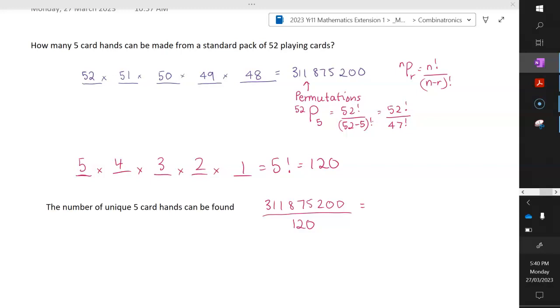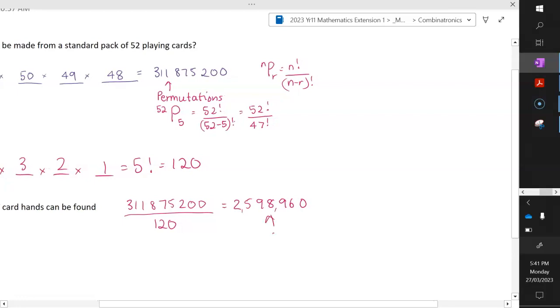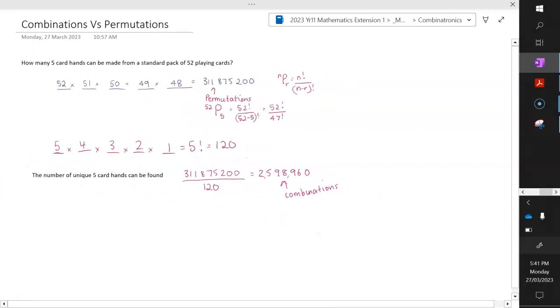I'm going to end up with 2,598,960, which is still a really, really big number, but this is the number of combinations. I've taken out the necessity for order, and I've got the number of combinations of cards in my 5-card hand where I can hold those 5 cards in any order I like.